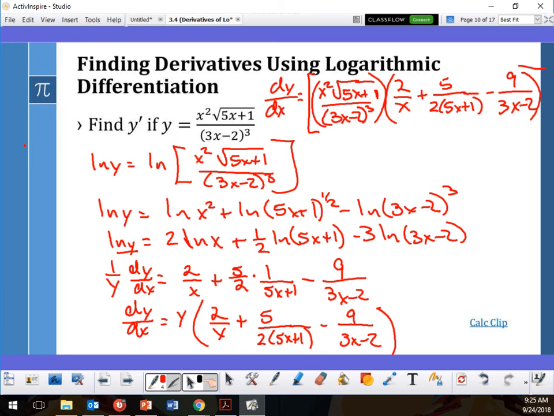So that's why I said, I know it looks messy, it looks gross, but I think it's easier than actually trying to do the product, quotient, chain rule there.